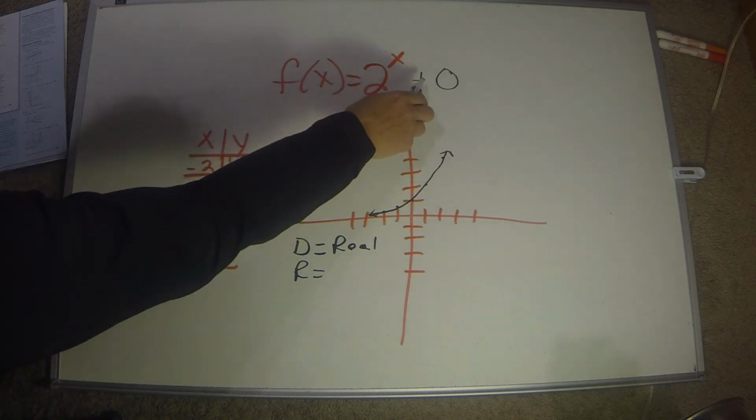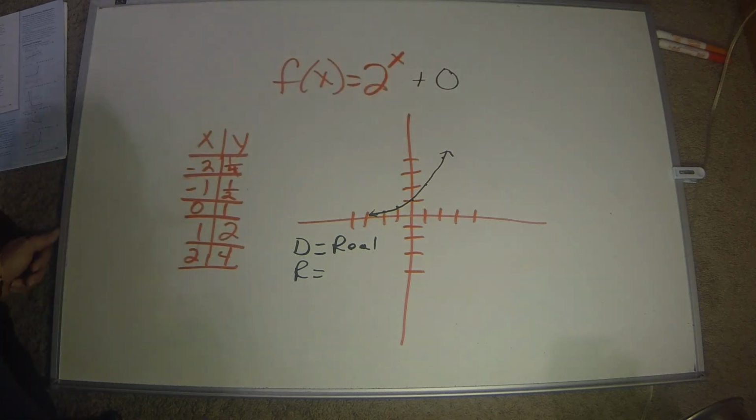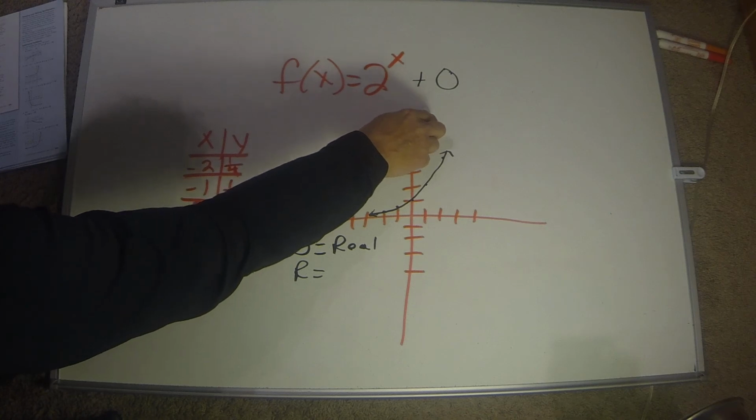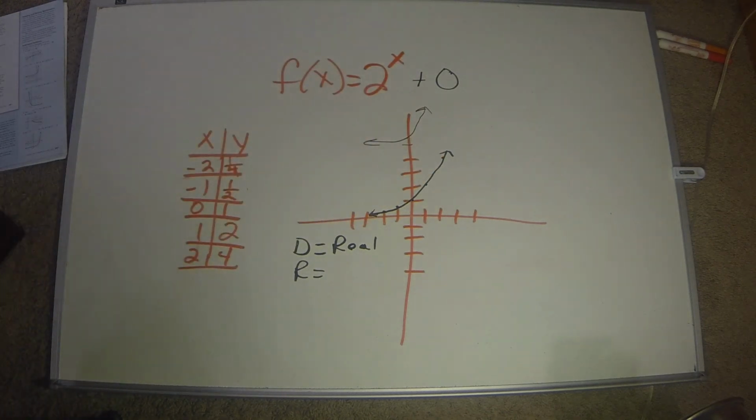So if we had here 2x plus 5, then it would not go below the 5. You would have something coming like that, and it would never go below the 5. But again, we'll get into more of that on Wednesday.